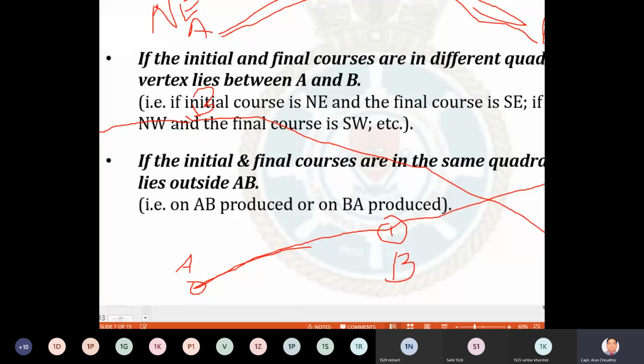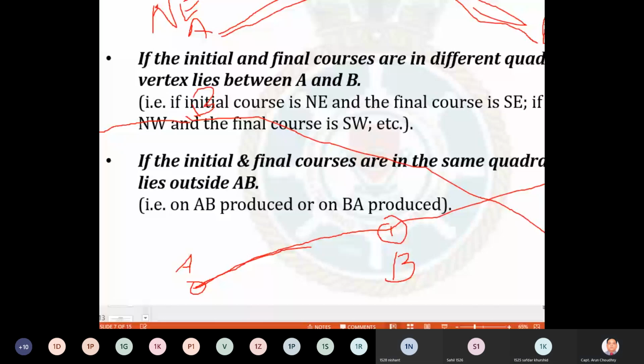That is not possible at all. I hope this part is clear to everybody. Just by calculating the initial and final courses, we can come to know where the vertex will be. Can I proceed further? Yes, sir.